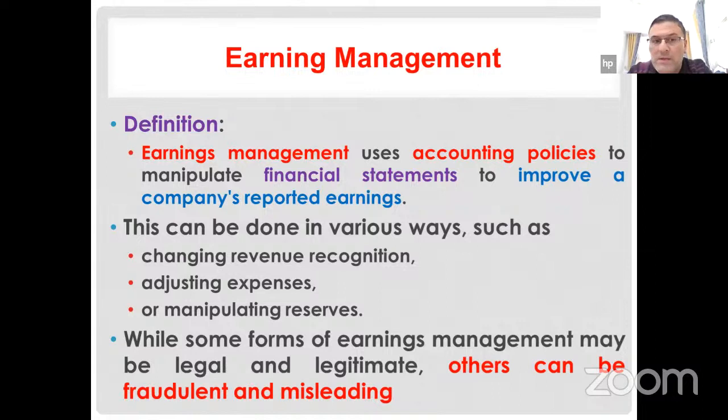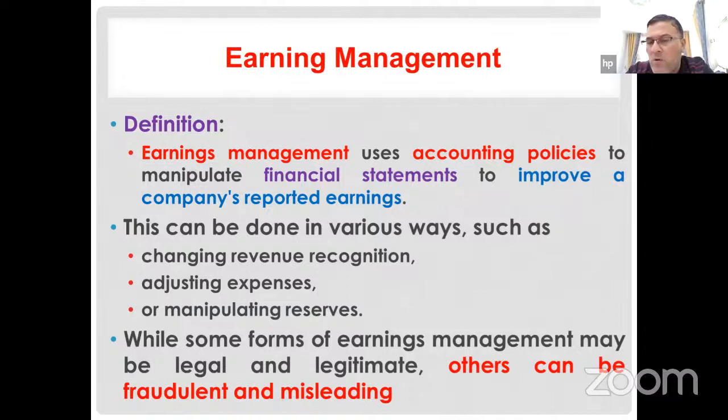As you see, it includes what I have discussed, accounting policy choices, but here the intention or objective is not good, or it is harmful to the company. In the literature, it is called earnings management.